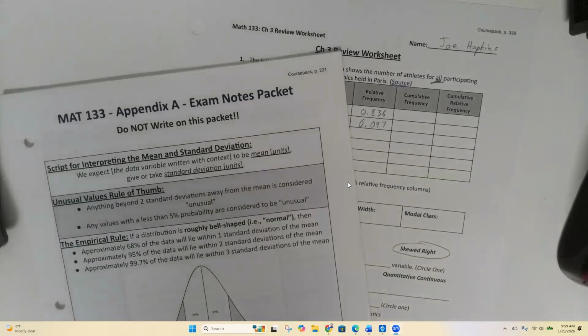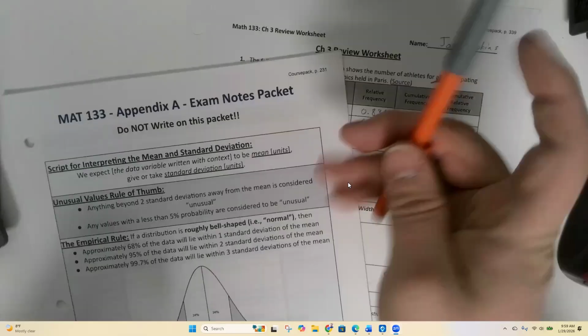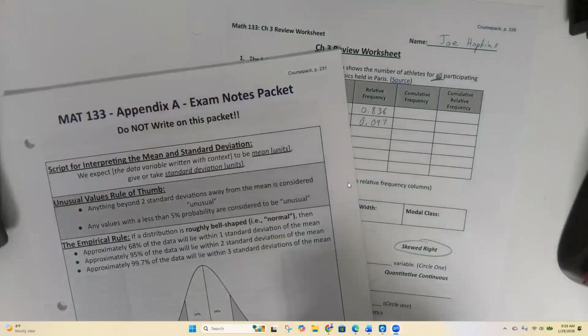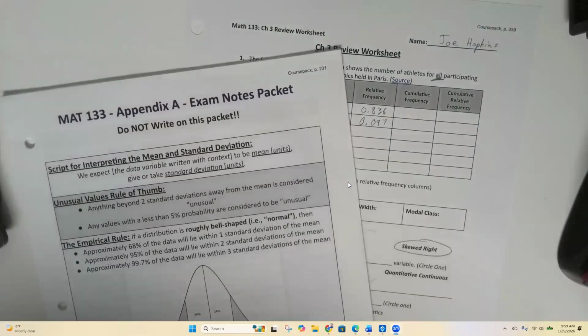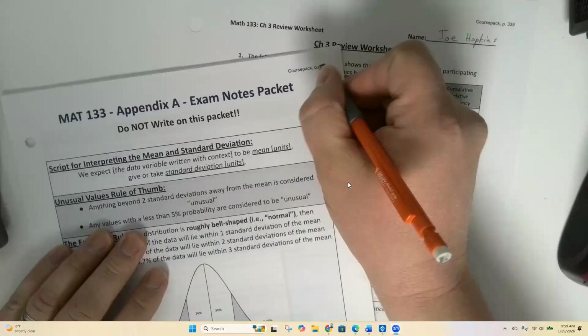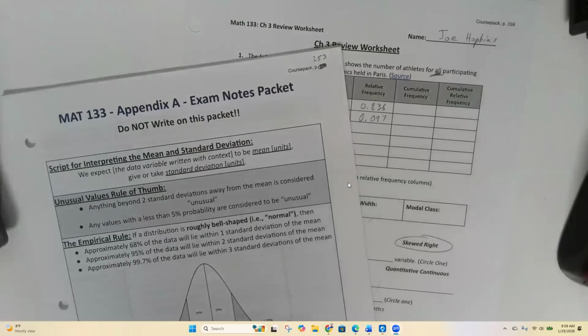Unfortunately, mine is not on a nice yellow fun page, but that's okay. So mine is on page 231. Can somebody verify that I have the right starting page for that? I taught this class last semester and we changed it to 253, says Elaine. All right, well, that means I have an old course pack in front of me. That's no good. Sorry. No, that's okay. 253. There we go.